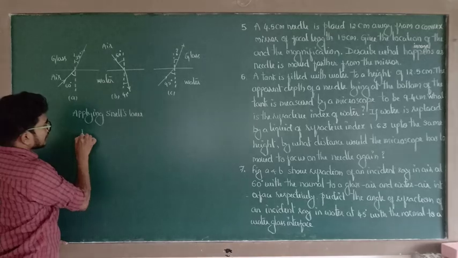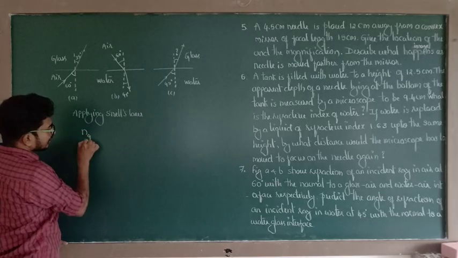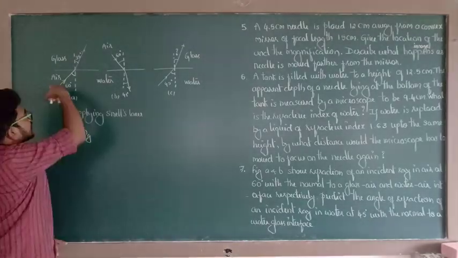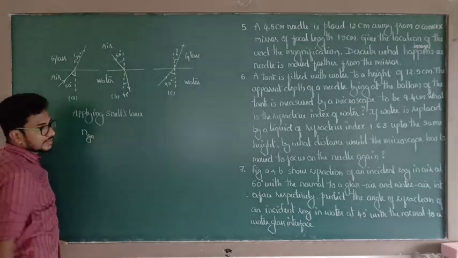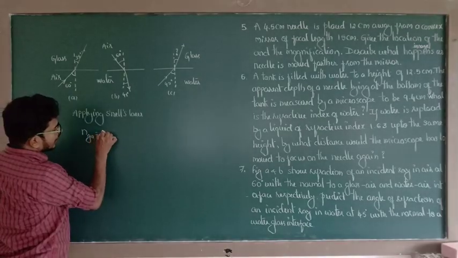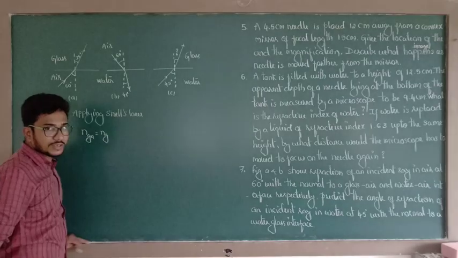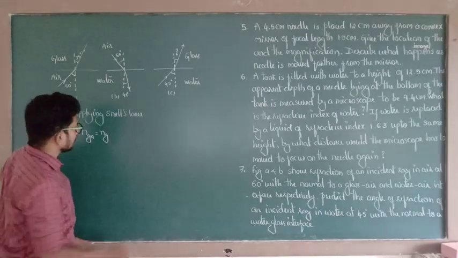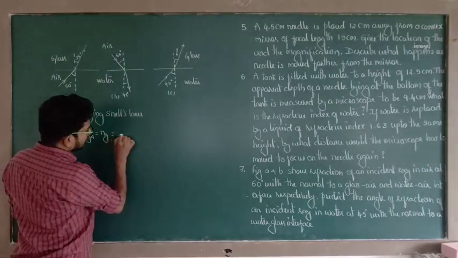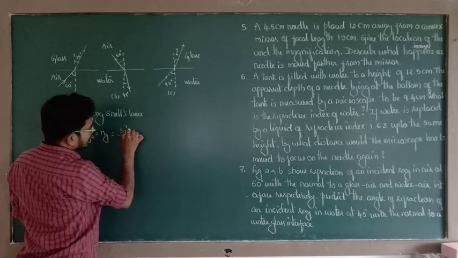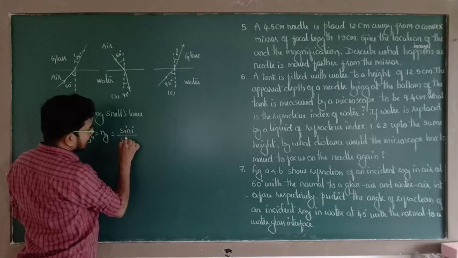Therefore, I consider the refractive index of glass, small g, with respect to air, a. Or we can write this as Ng. This Ng is nothing but the absolute refractive index. So this is equal to sin i divided by sin r.